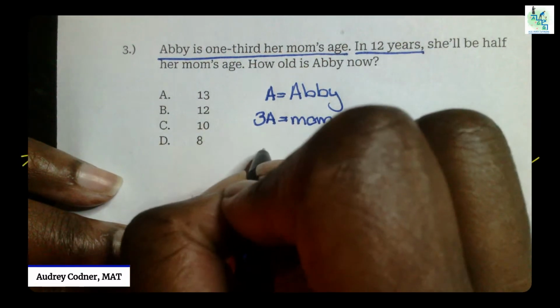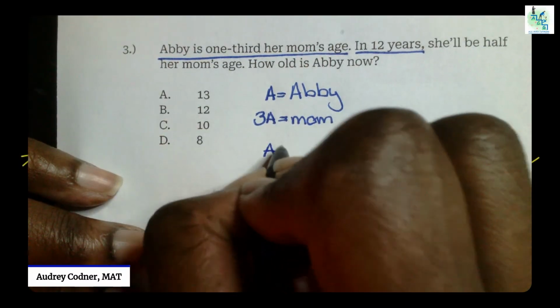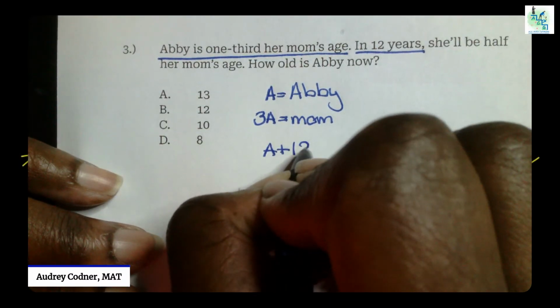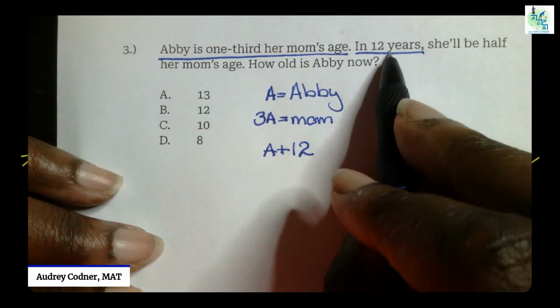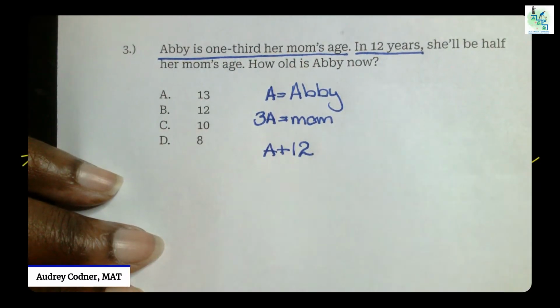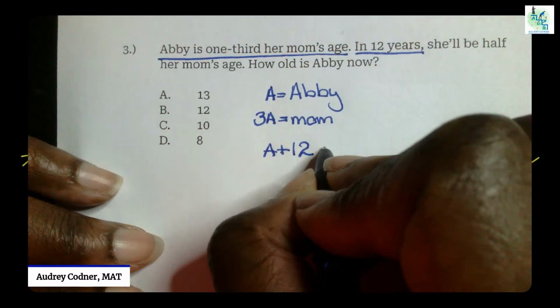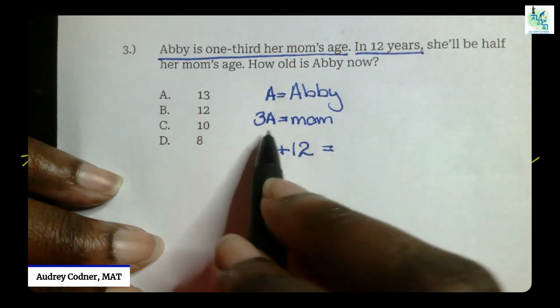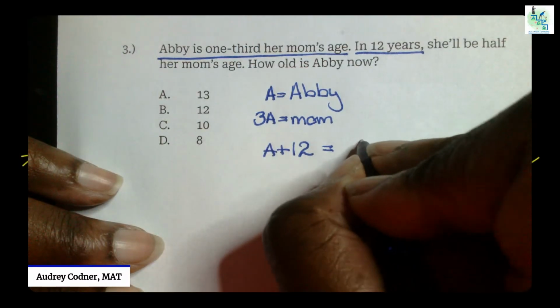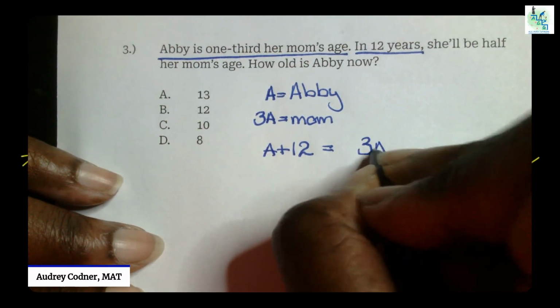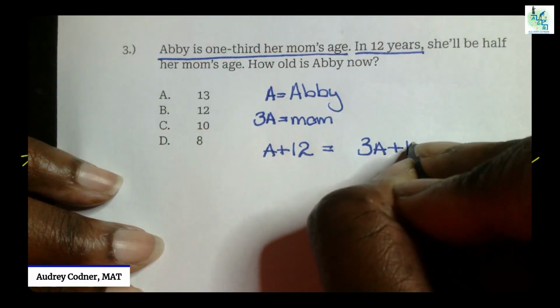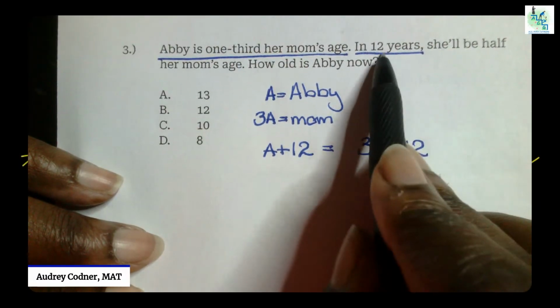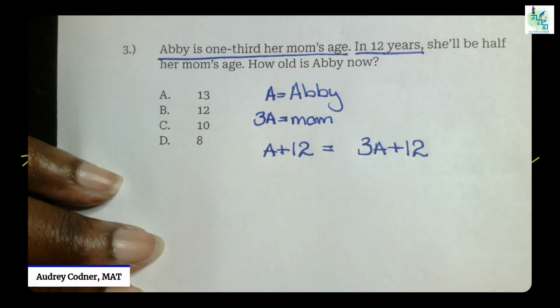Abby is going to be A plus 12, and it's plus 12 because we're looking at what's happening in 12 years. Now, she's going to be 1/2 her mother's age. Well, her mother is going to be 3 times Abby plus 12 because we're doing 12 years in the future.